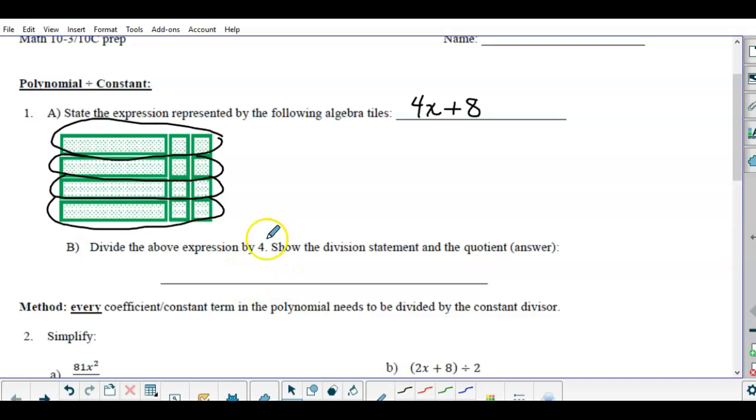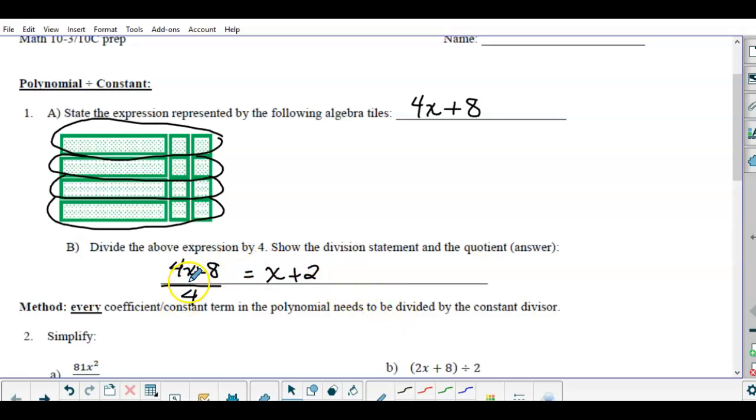So when we divide by 4, I'm going to go 4x plus 8. You can either show it with a divide symbol or in a fraction, dividing by 4. And what we get is whatever's in one of those circles.